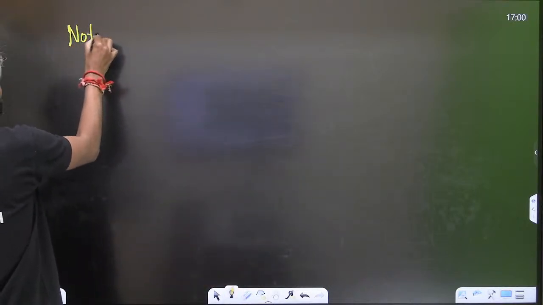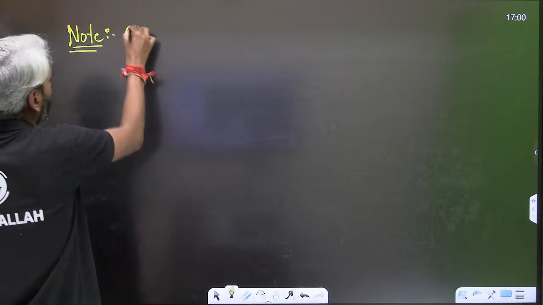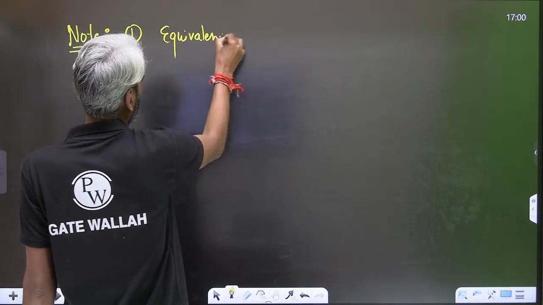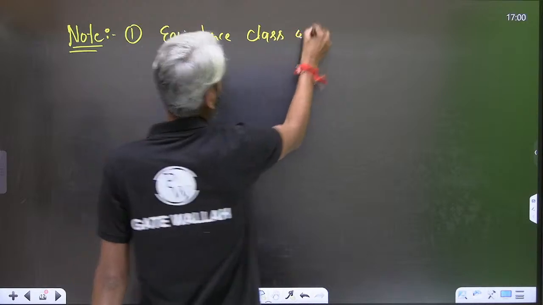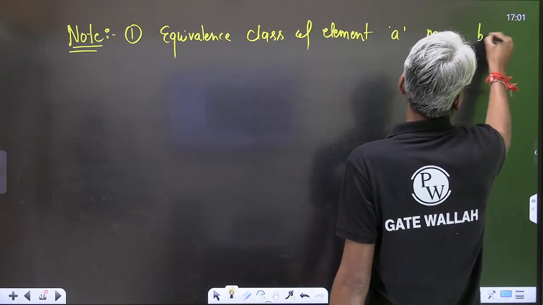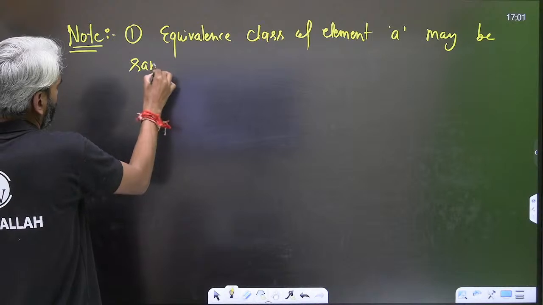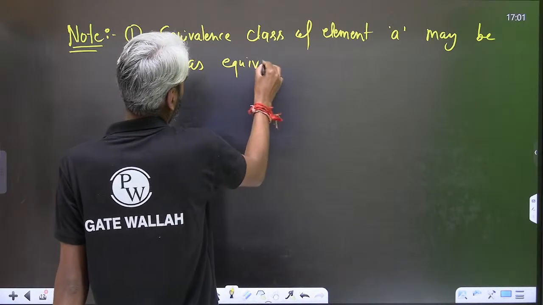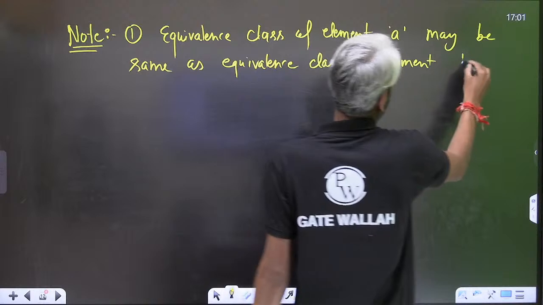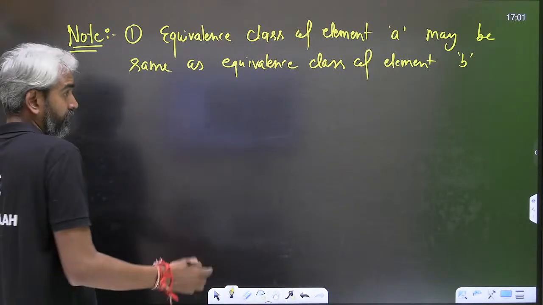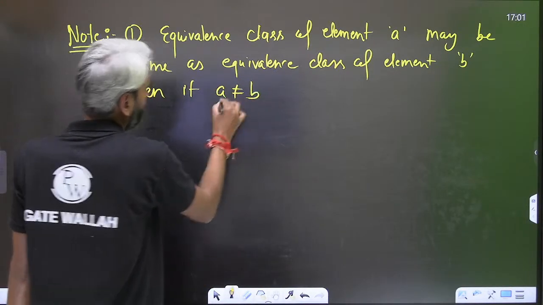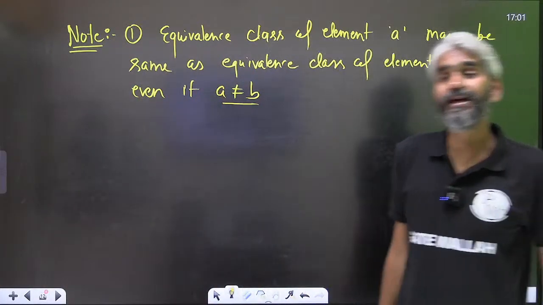Note. First, the equivalence class of element A may be the same as the equivalence class of element B, even if A is not equal to B. That is, for two distinct elements, their equivalence class may be the same.